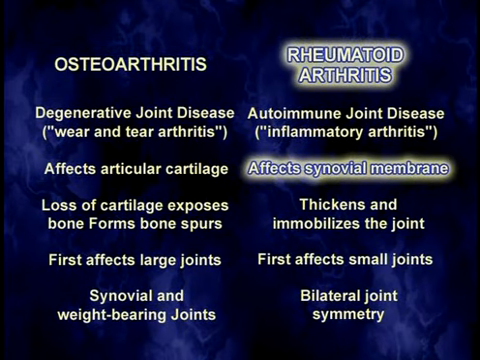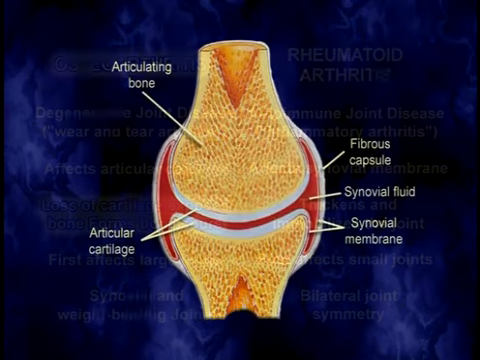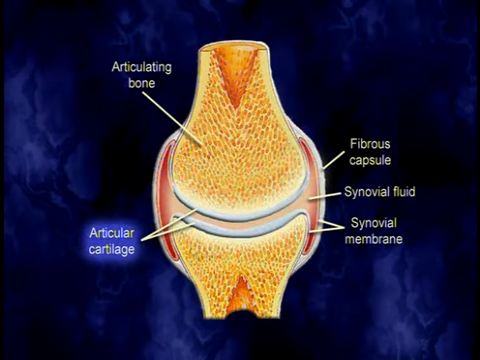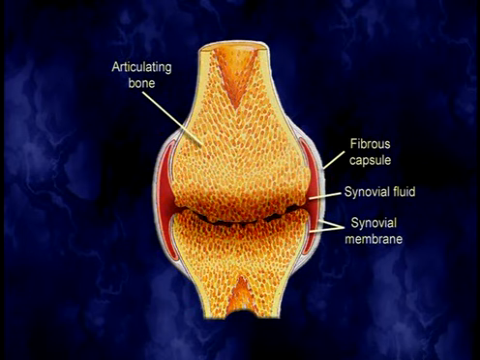The effect ends up being similar in the 2 kinds of arthritis. The osteoarthritis, you lose cartilage and you expose the bone. So in this particular case, what happens to this patient is this cartilage gets lost. We have bone rubbing upon bone, and we get lots of inflammation, destruction, and more bone being laid down in the form of spurs that rub and that hurt each other.